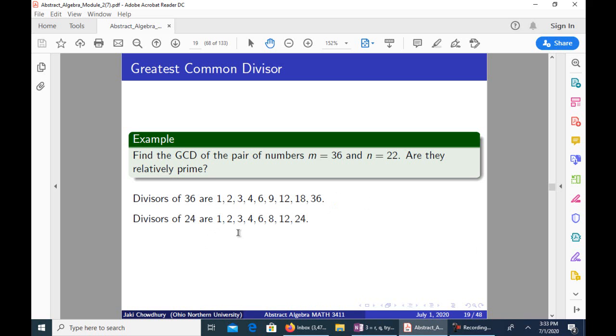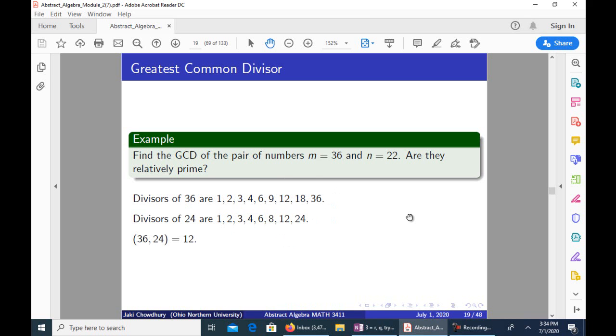Well, that's 1, 2, 3, 4, 6, 8, 12, and 24. Now we look at the common divisors. You see that 1 is a common divisor, obviously. 2, 3, 4, 6, and 12 are common divisors, and those are the only common divisors. And then obviously the GCD, the greatest common divisor, is 12.